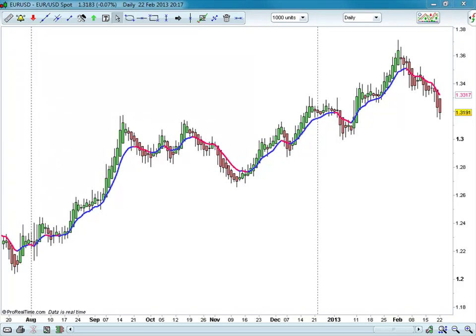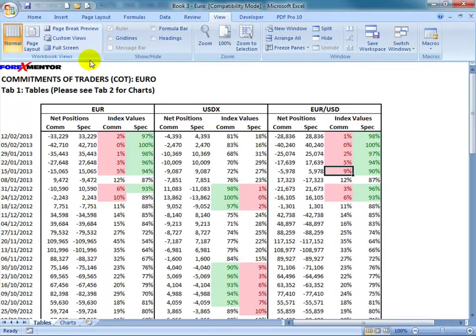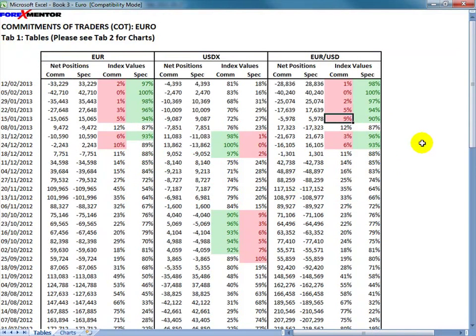But I'd also like to show you the data table from the COT Market Watch service.